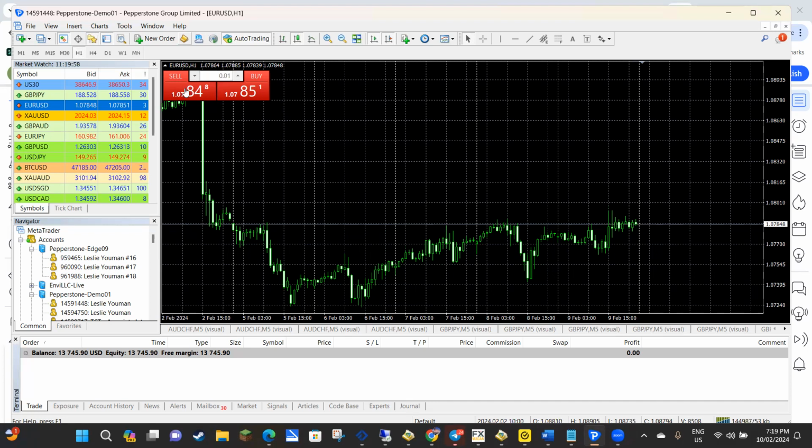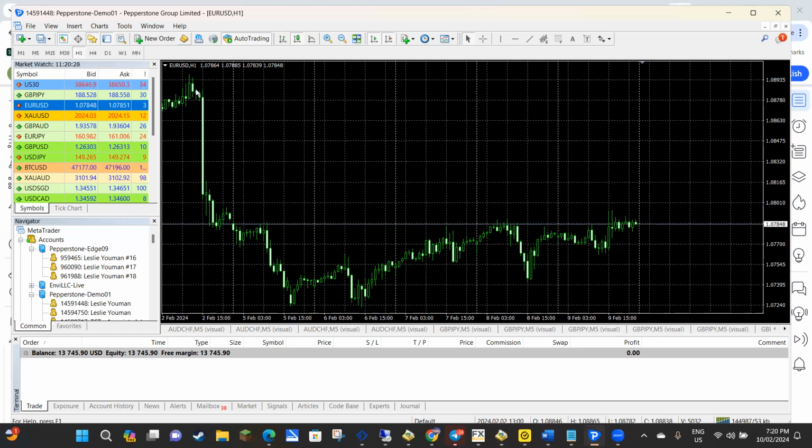But if I'd done that and clicked sell, it would have put a dotted line across the screen. This little highlighted dotted line that's already there, that is the current market value. And each one of these little vertical lines is the start of a new day. So 1, 2, 3, 4, 5 days ago, the value was right up here.